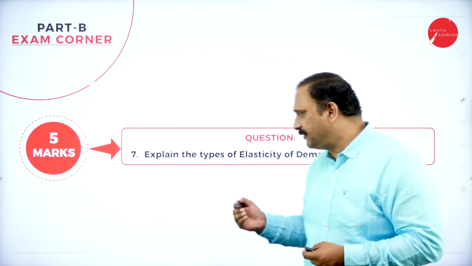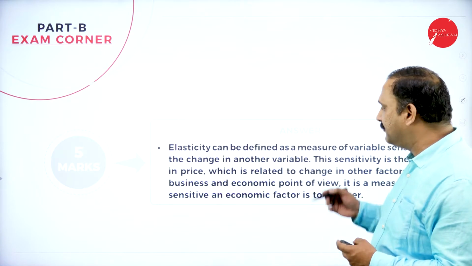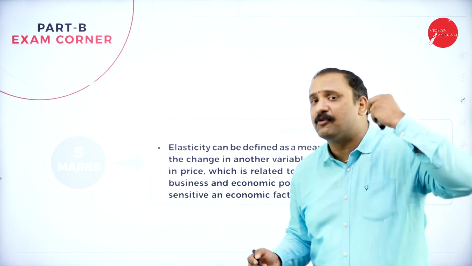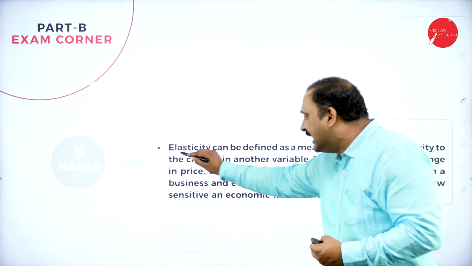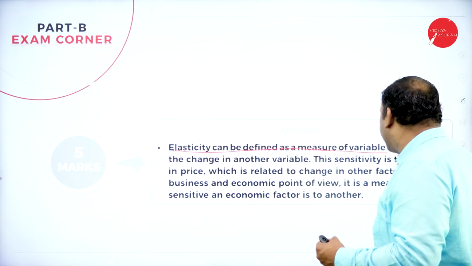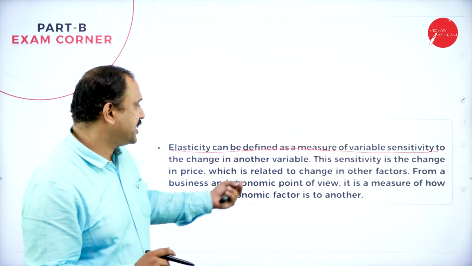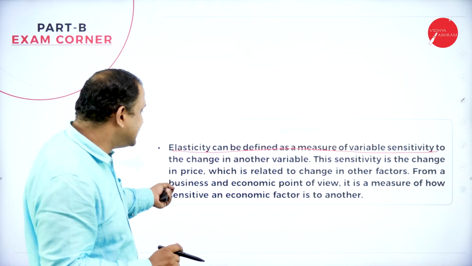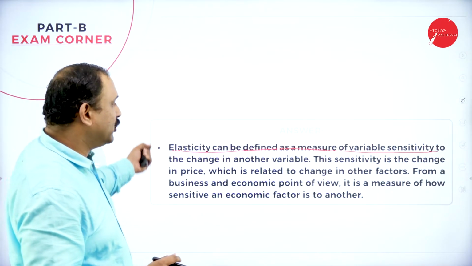The next question that we are looking at here is: explain the types of elasticities of demand. Elasticity we have already studied, so we know how to define it. Let's first define it. Elasticity can be defined as a measure of variable sensitivity to change in another variable. The sensitivity might be in relation to price, in relation to income and all those factors.